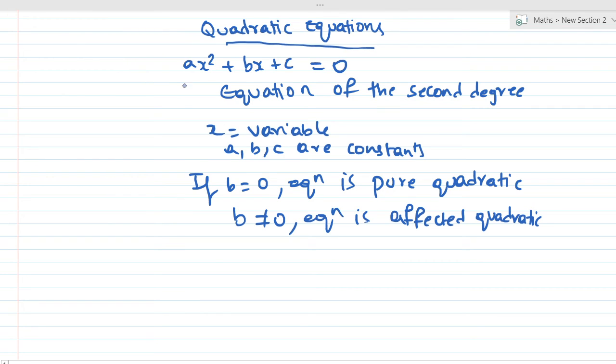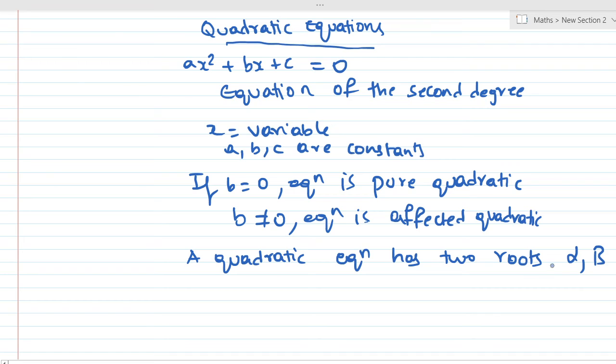So a quadratic equation, as we have already discussed, has two roots. We call them alpha comma beta.